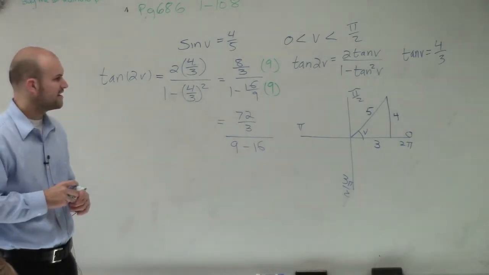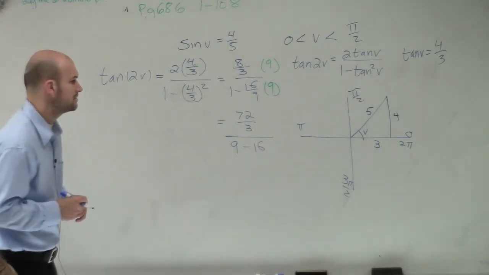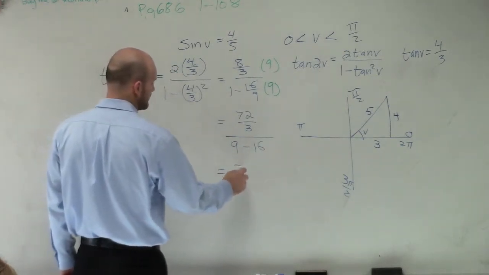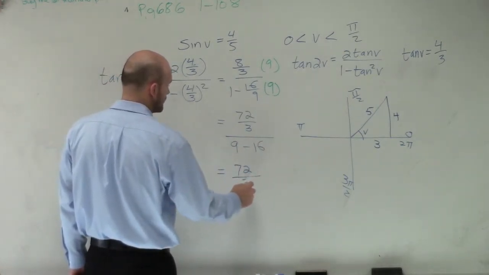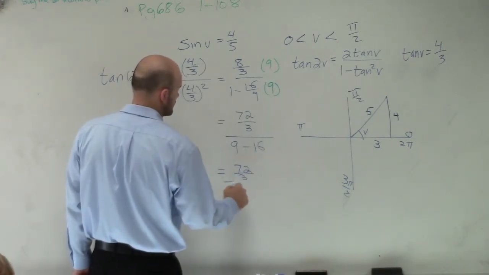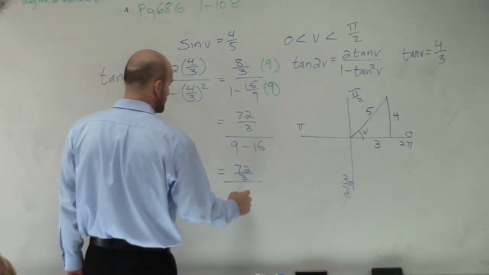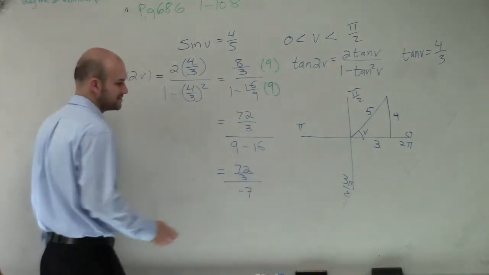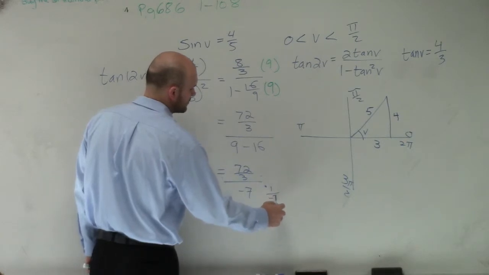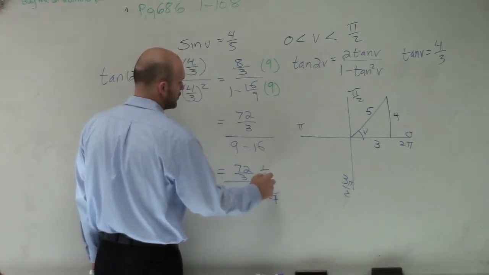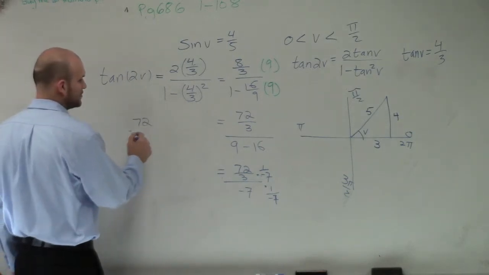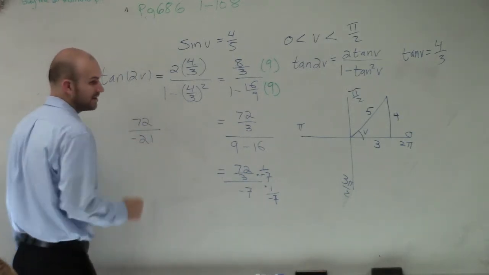Does everybody follow me with that? OK. 9 minus 16 is obviously -7. So now I have 72 over 3 divided by -7. And then I'll multiply by the reciprocal, 1 over 3 times 1 over -7. So my final answer is 72 over -21.